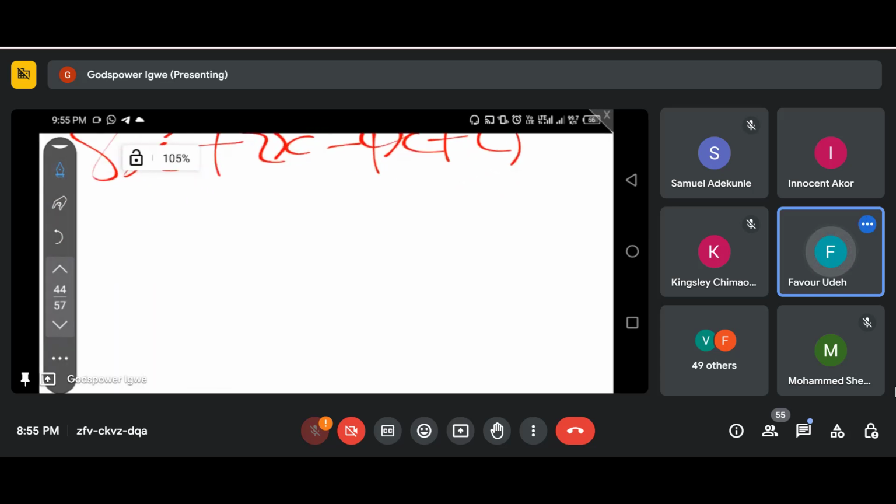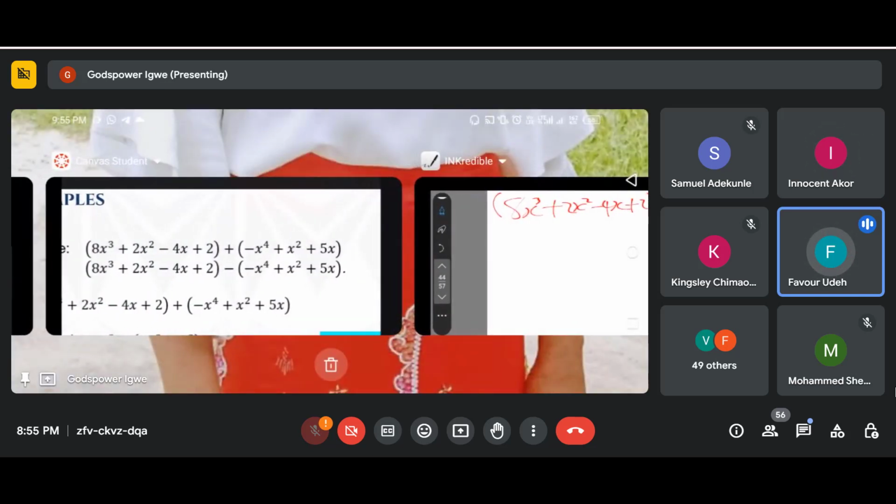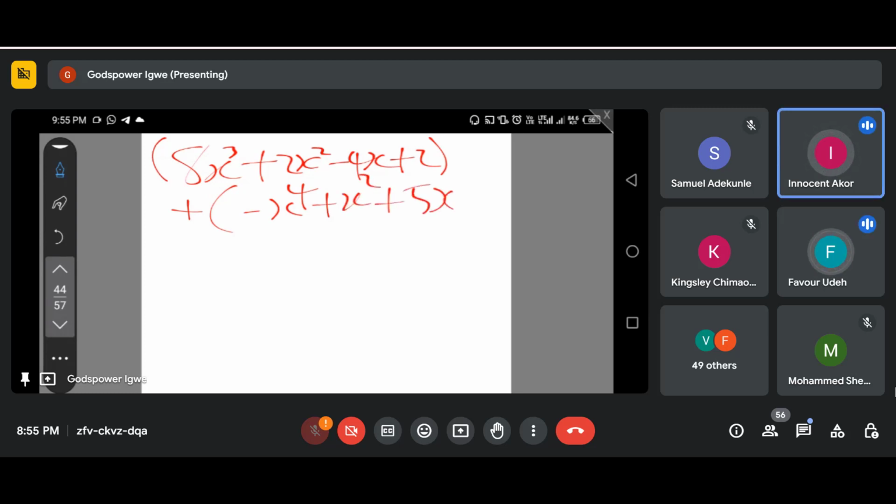So we are adding it plus, open another bracket, minus x raised to power 4 plus x squared plus 5x, close the bracket.